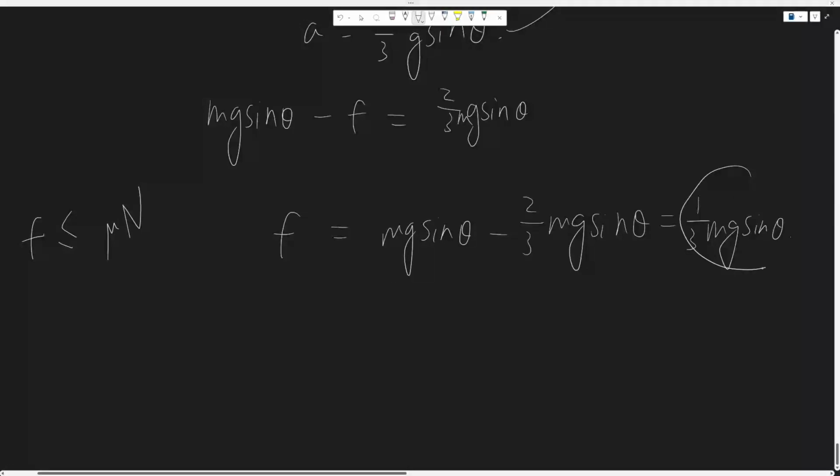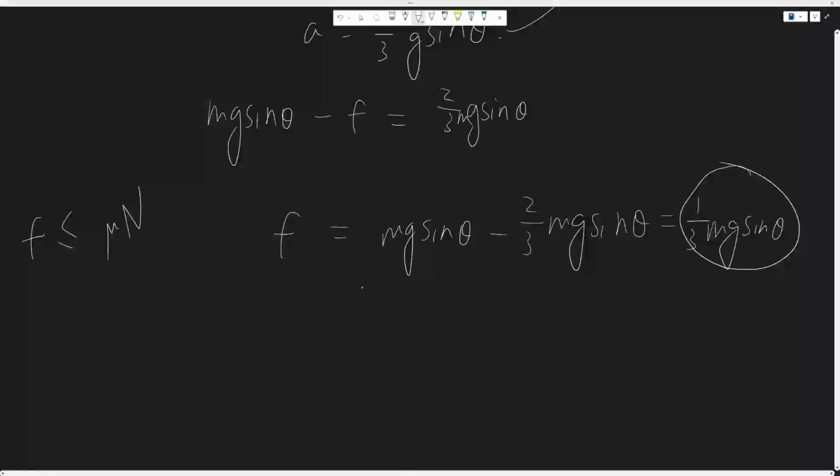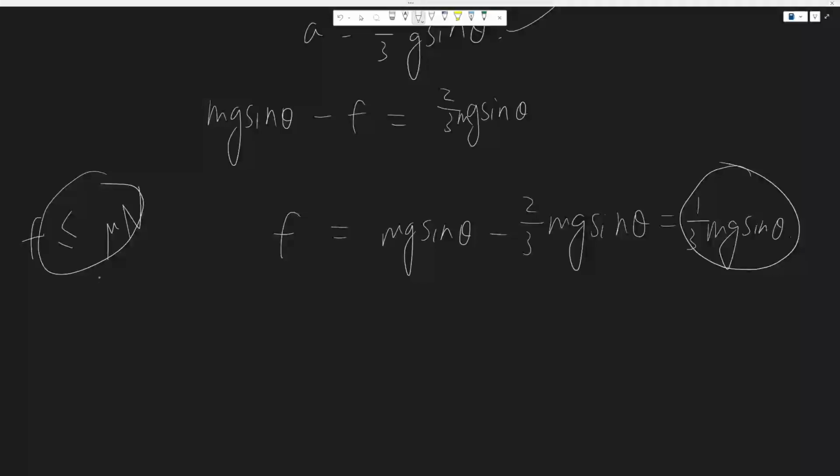This force needs to be smaller than or equal to mu n. Otherwise, the coin will start slipping, because friction can only be so big to support such a large translational acceleration. It might even need to be larger than mu n to support the no-slip condition of r alpha equals a.